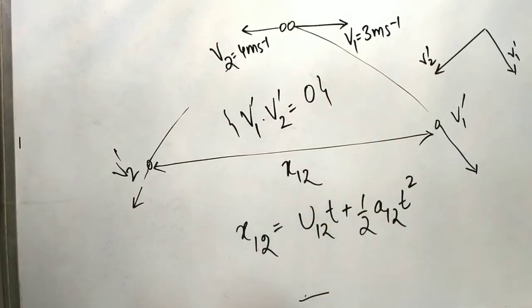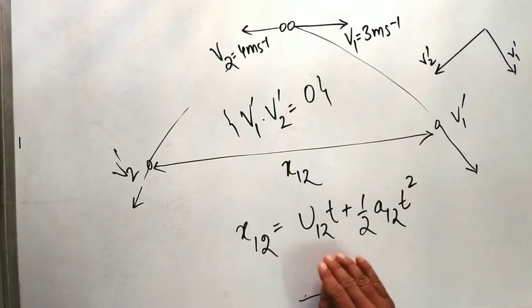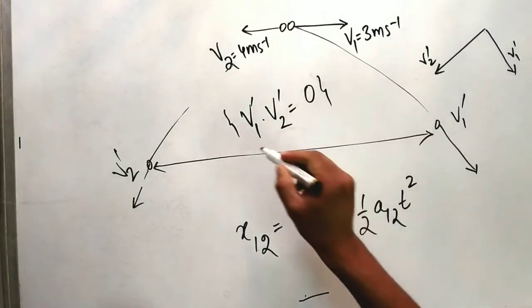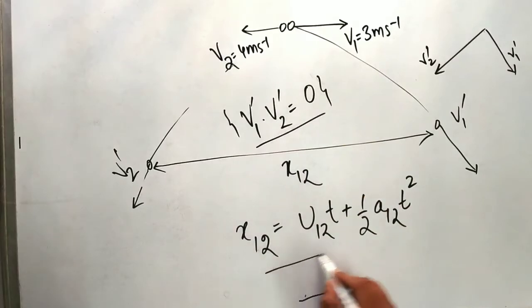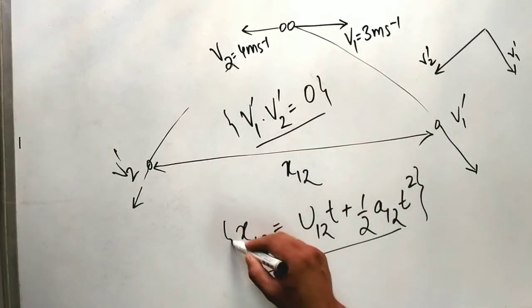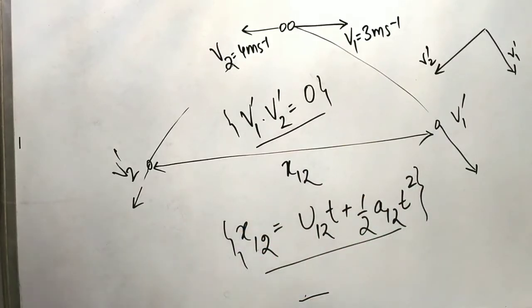This has come from the formula S equals ut plus half a t square. Everybody knows that equation. So x12 is going to be equal to u12 into t plus half a12 t square. These two things are the basics of how we're gonna approach it. I will solve the problem. You note these two down, and then we'll go ahead.